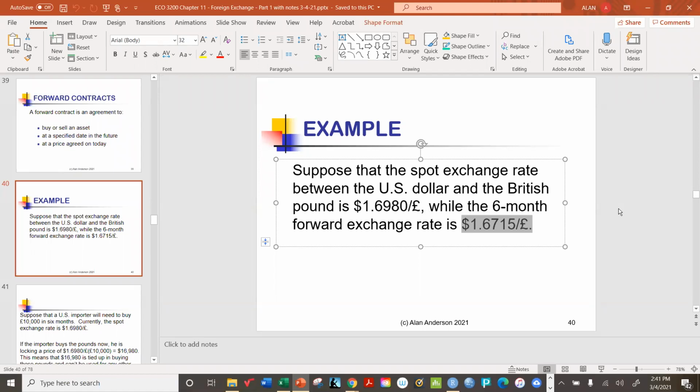Why not just enter into a forward contract in which we agree to buy the pounds in 6 months and pay for them in 6 months? This not only locks in our price, but it avoids tying up our funds for 6 months. So that's one of the reasons why these contracts are so popular. It locks in the price, and it means we don't tie up our funds buying currencies that we won't need for 6 months.